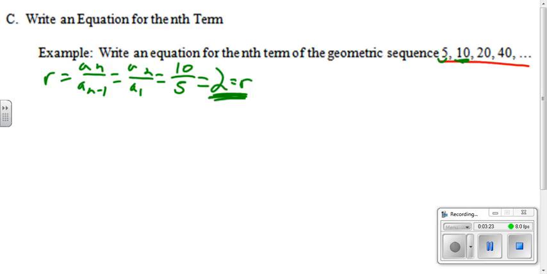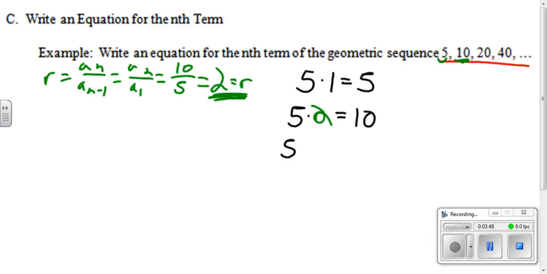Now that we know r, notice how if we start with 5 and multiply it by 1, that gives us our first value. If we start with 5 and multiply it by our r, which is 2, that gets us to our second value.